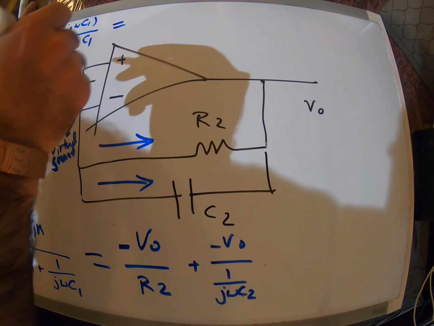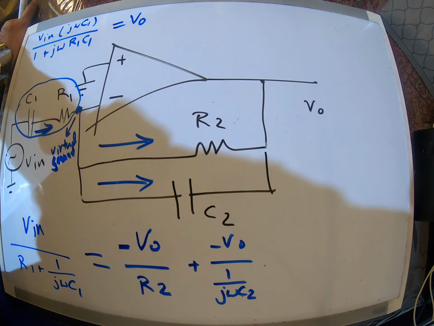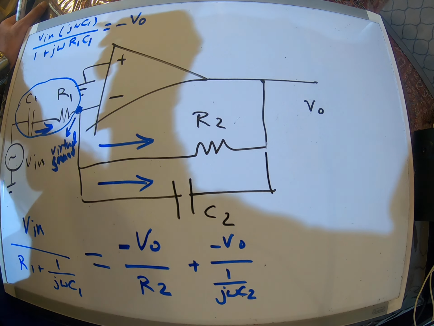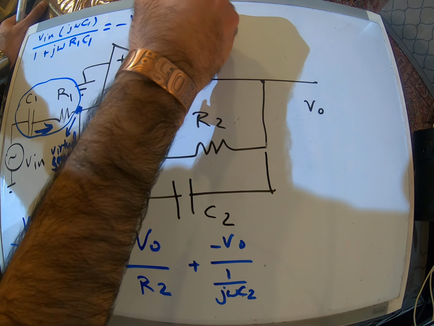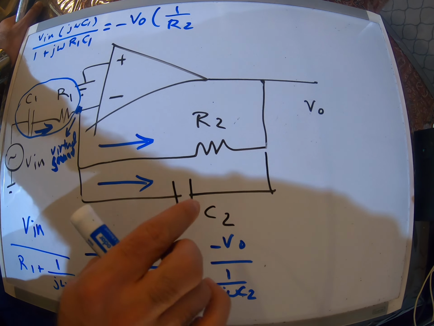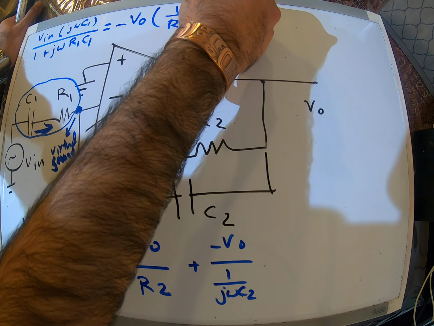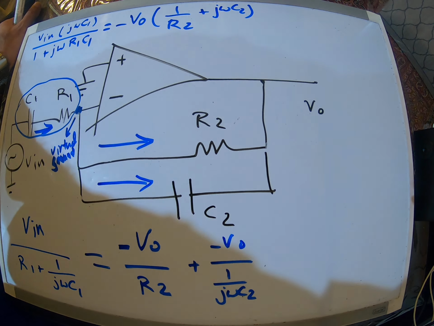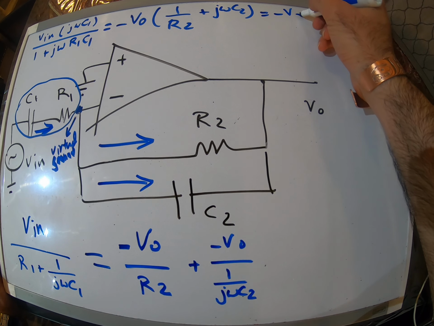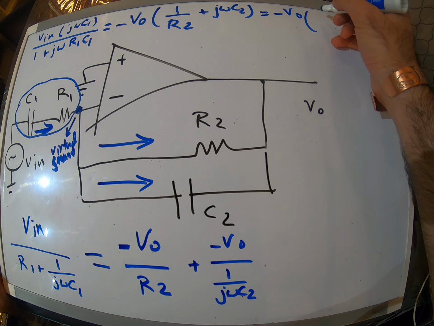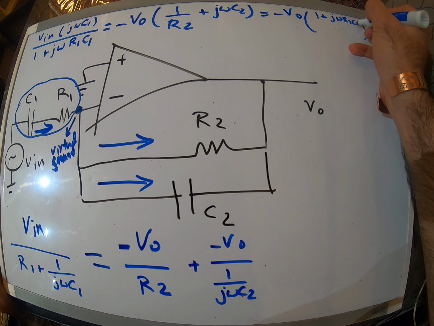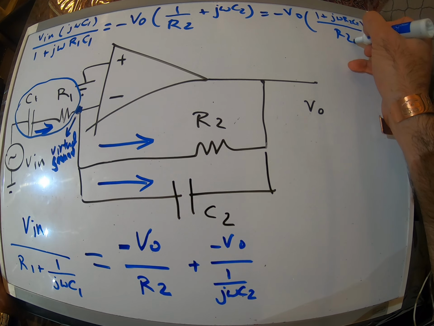And on this part we have VO, I'll just factor out negative VO, and we have 1 over R2 plus, if you just invert this, j omega C2. If I simplify this, it's going to be negative VO times 1 plus j omega R2 C2 divided by R2.